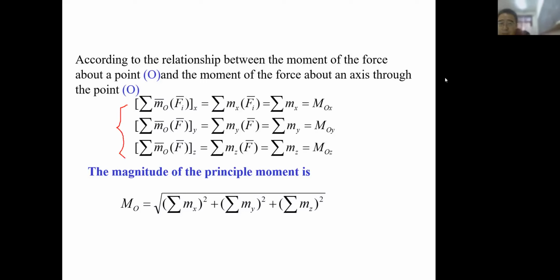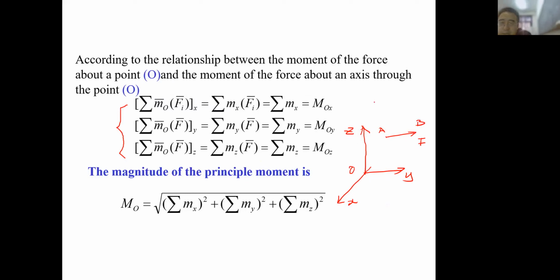So I think we have a picture like this. First we have the coordinates x, y, and z, and this point O. If we have a force F, maybe we use AB to denote its start point and its ending point.